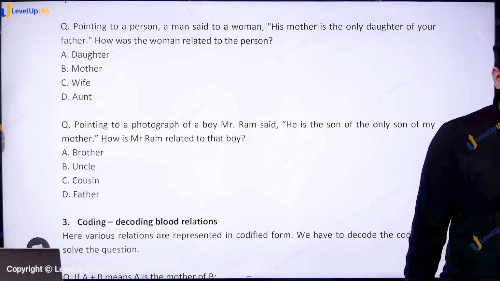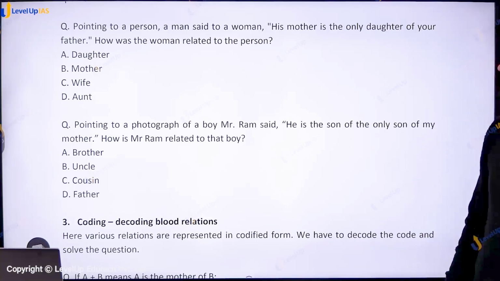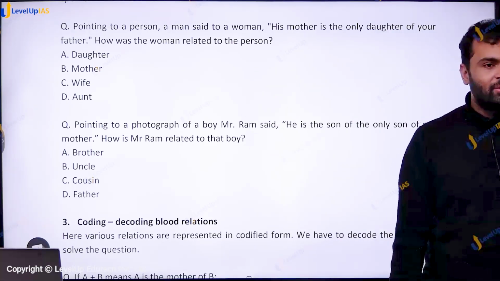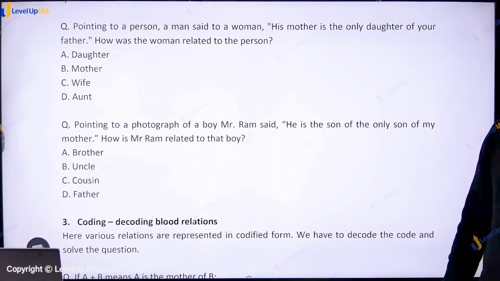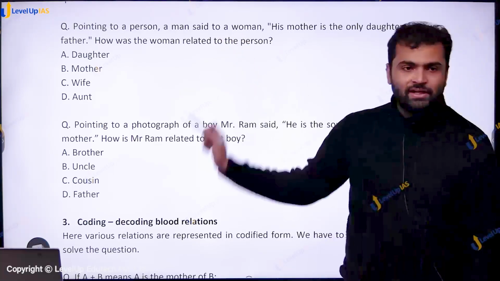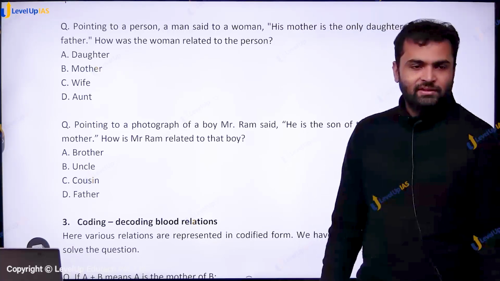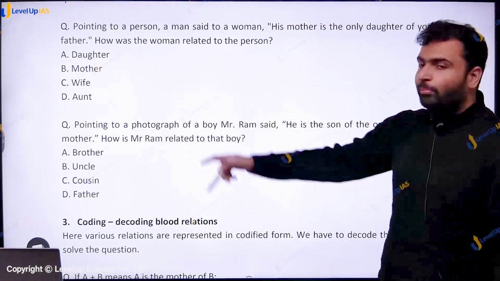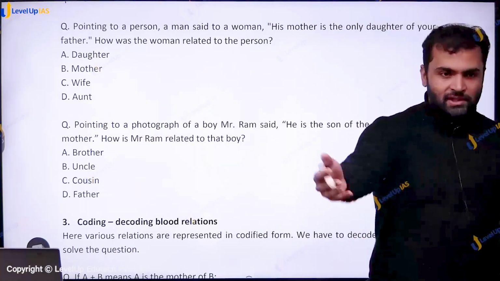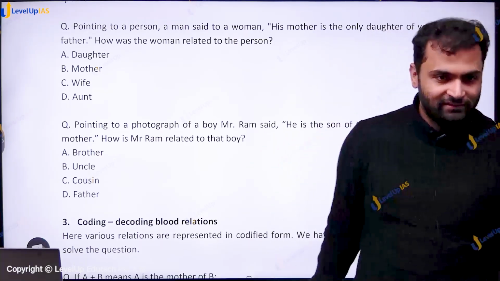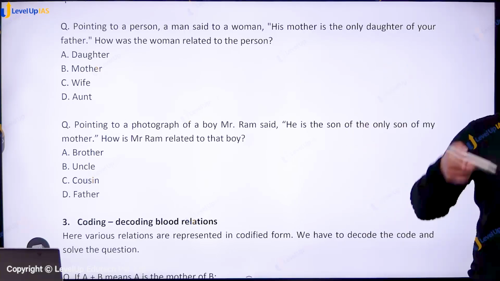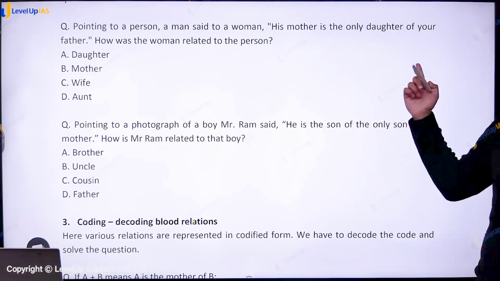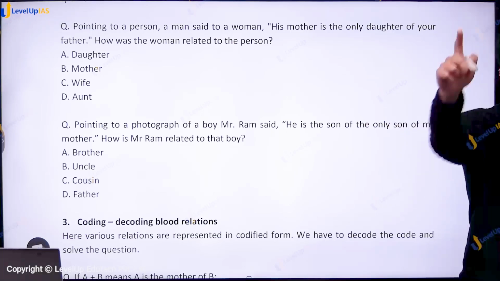ठीक है? How was the woman related to the person? A man said to a woman, pointing to a person, man said to a woman, इसकी तरफ देख के मैं बोल रहा हूं तुमसे that his mother is the only daughter of your father.